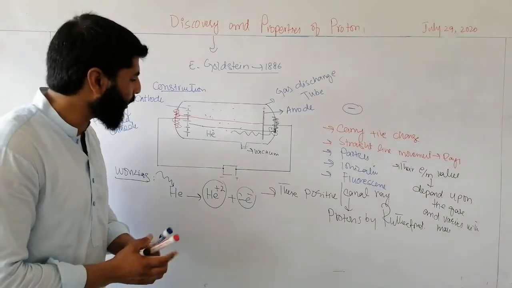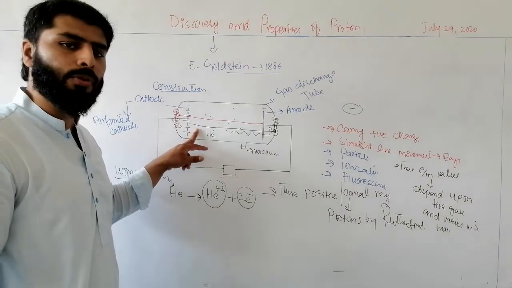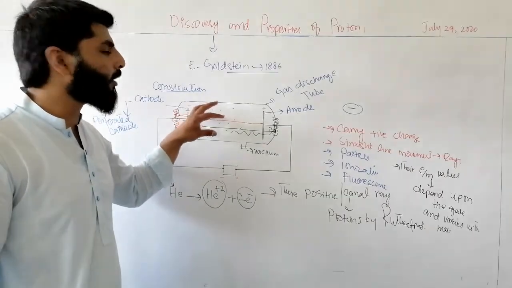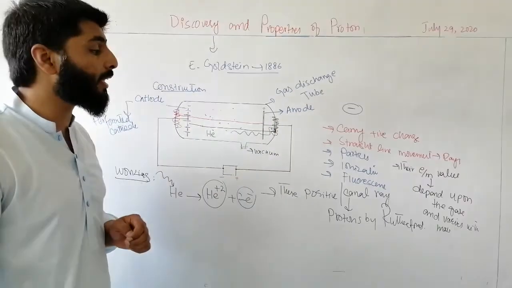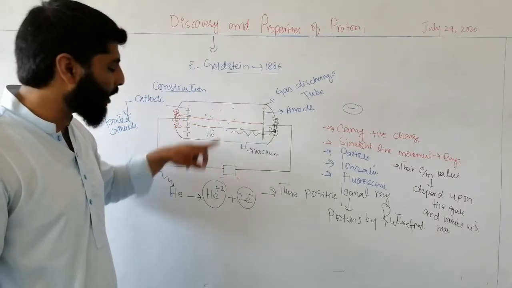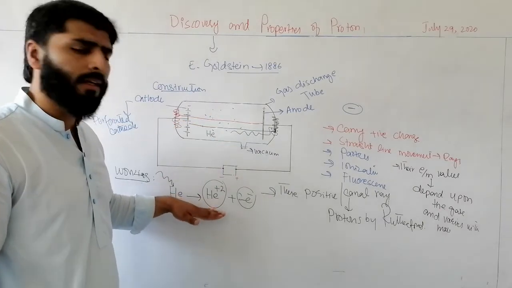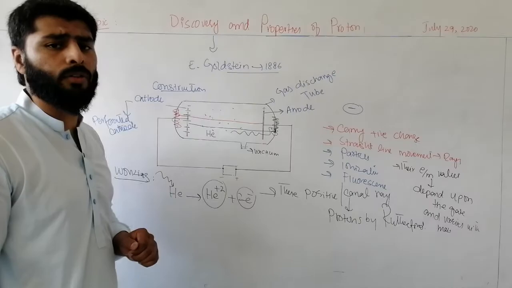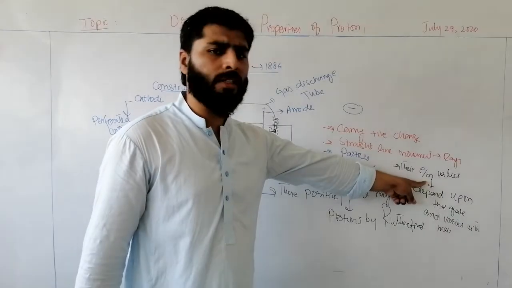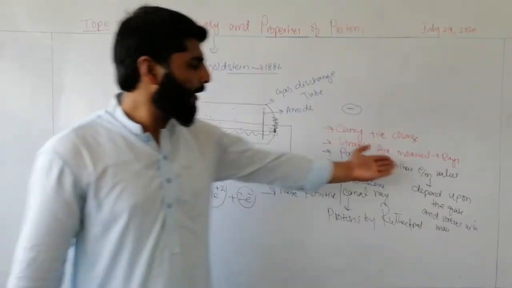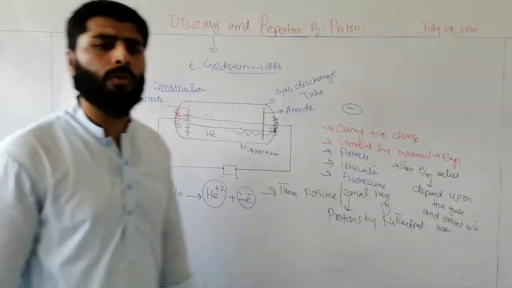As we have read, the canal rays were produced due to the ionization of the gas placed inside a gas discharge tube. So we can say that their charge to mass ratio will depend upon the gas used inside a discharge tube. Heavier the gas, smaller will be the charge to mass ratio. Lighter the gas, greater will be the charge to mass ratio.